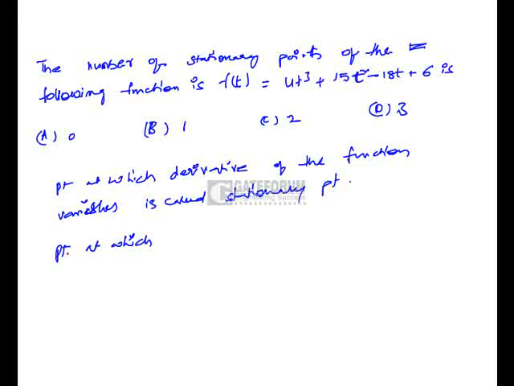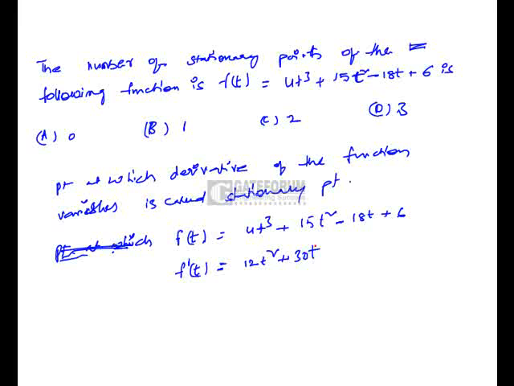So here the given function is f of t is equal to 4t cube plus 15t square minus 18t plus 6. f dash t should be equal to 0. So f dash t is equal to 12t square plus 30t minus 18. This should be equal to 0.